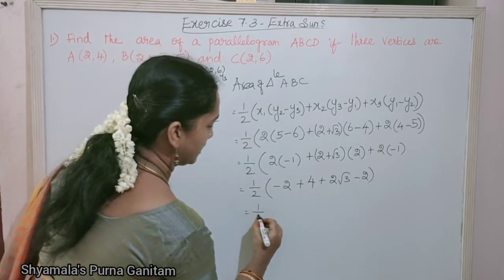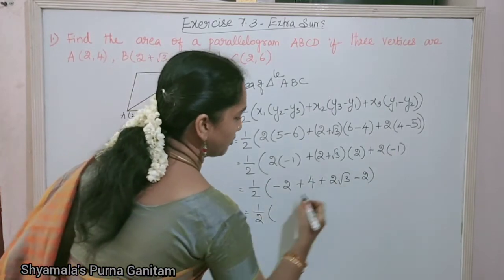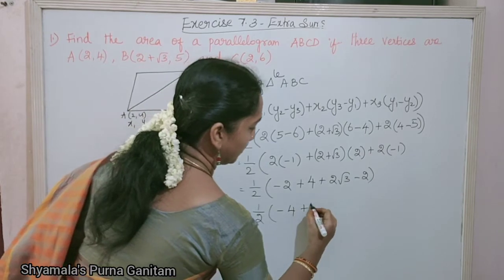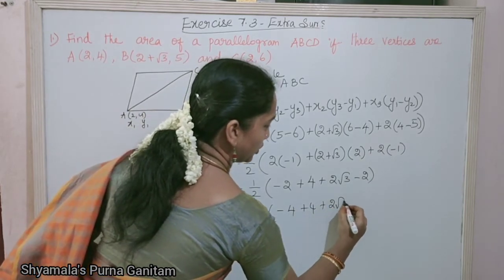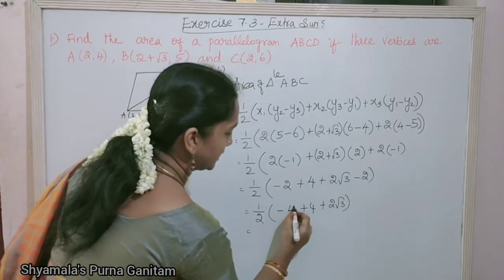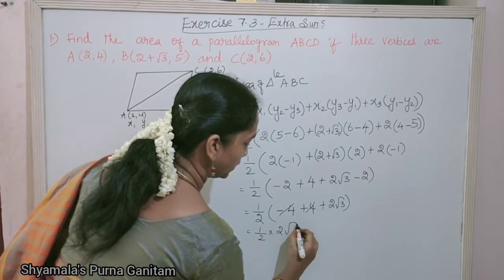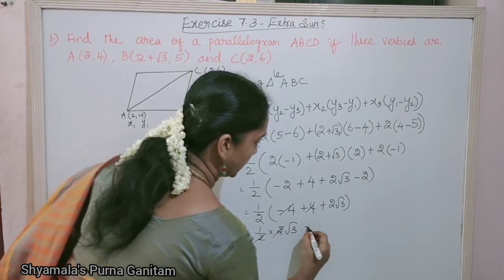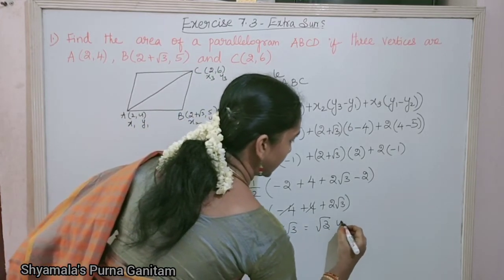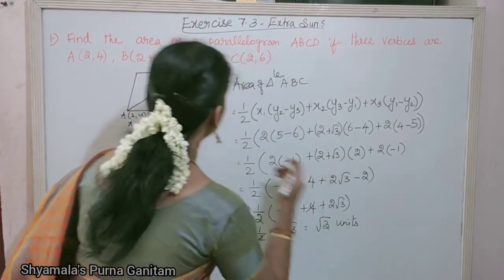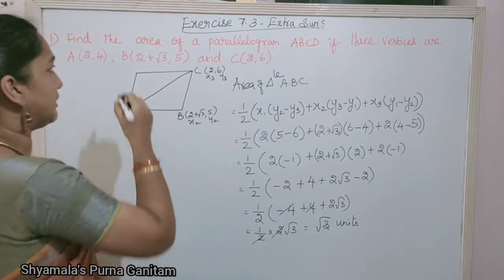So this will be 1 by 2 into (minus 2 minus 2 plus 4 plus 2 root 3). Minus 4 plus 4 will get cancelled. 1 by 2 into 2 root 3. When we simplify, we will get root 3 units. So this is the area of triangle ABC.